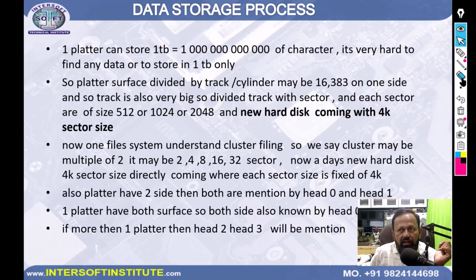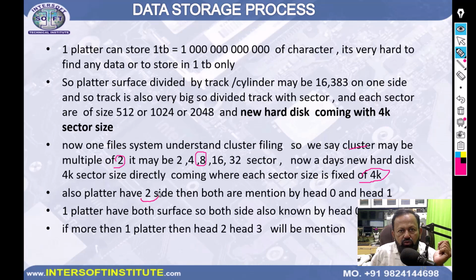Now one file system uses cluster filling. The cluster may be a multiple of 2, 4, 8. Nowadays it comes with 8 sectors, like that. Nowadays new hard disks come directly with each sector size fixed at 4K.